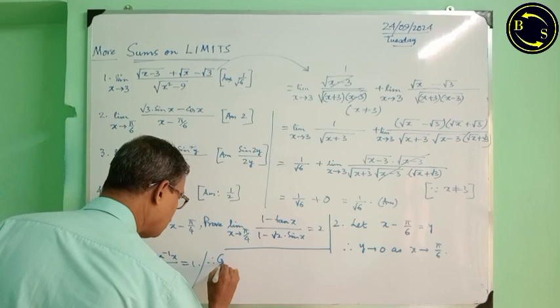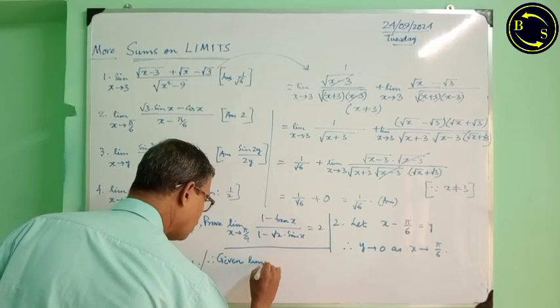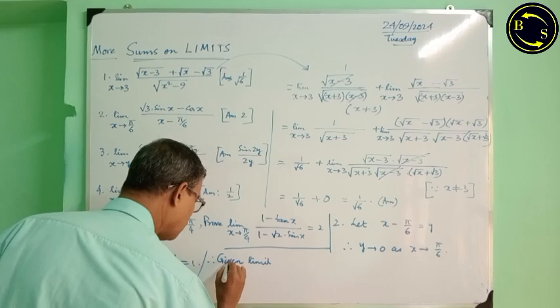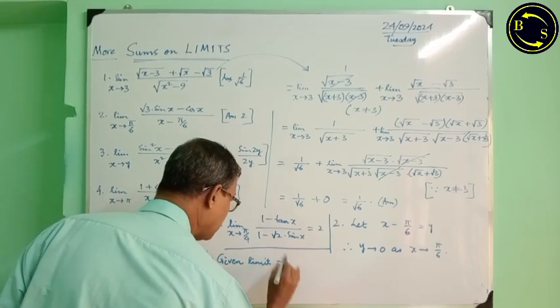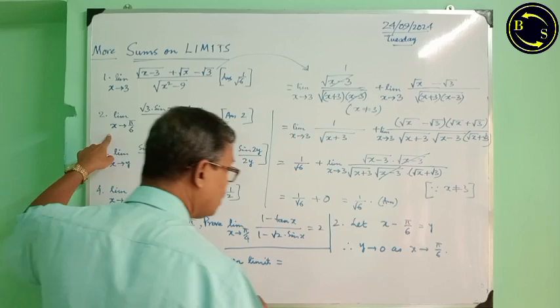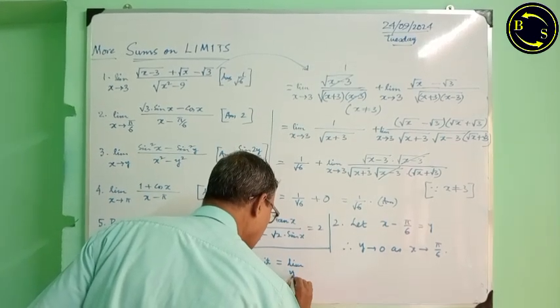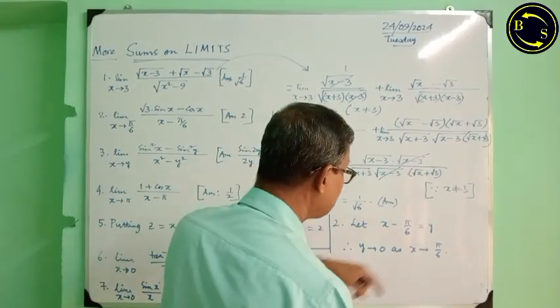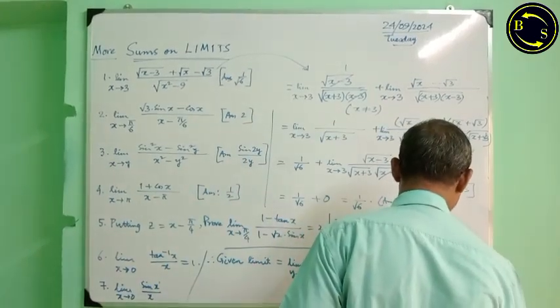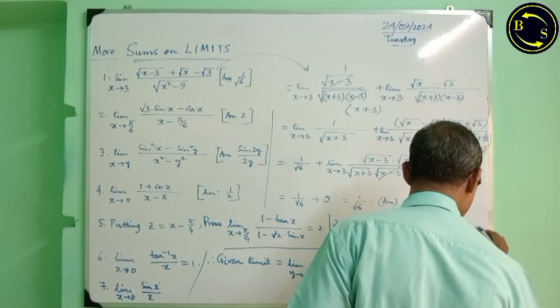Therefore, given limit is equal to limit y tends to 0, here x equal to y plus pi by 6.